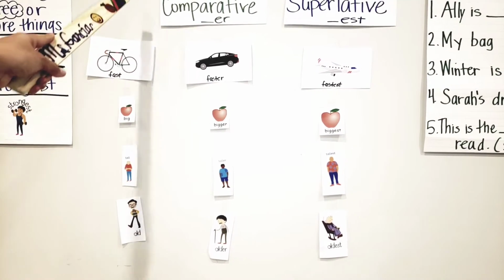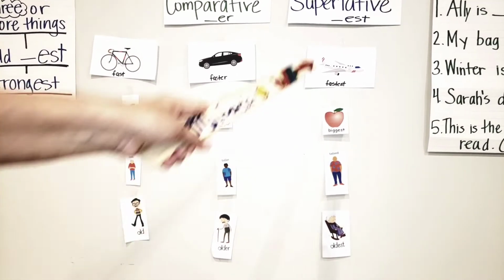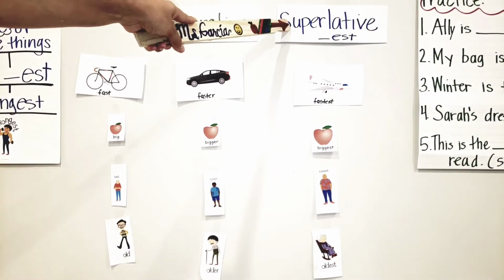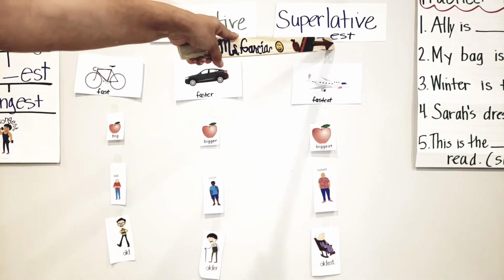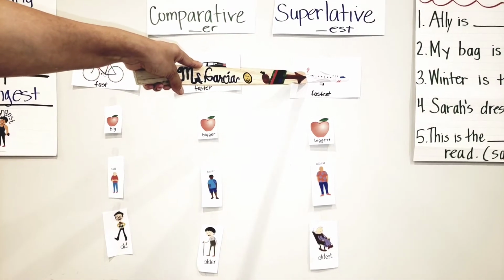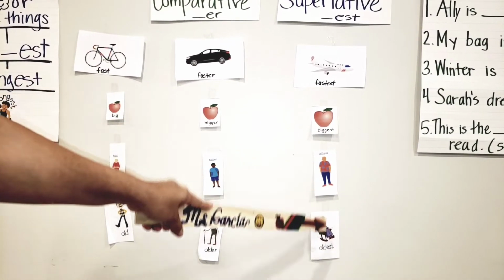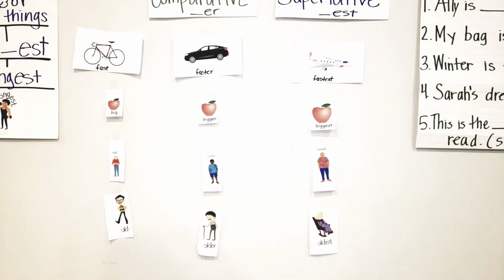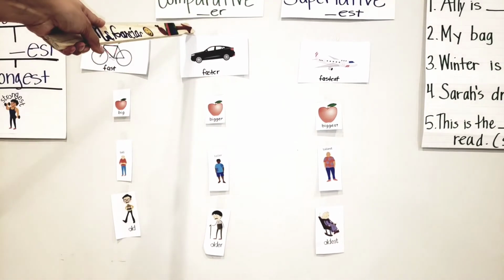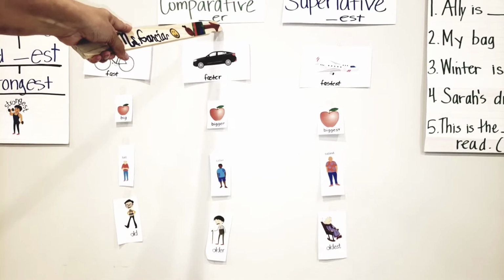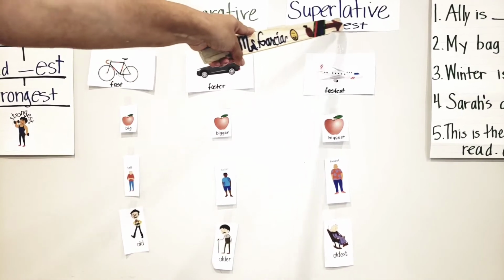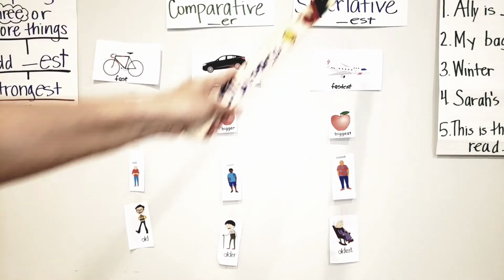Now, when I compare 1, 2, 3 things or more, it's a superlative, and that ends in EST. Fastest, biggest, tallest, oldest. Okay? When you compare 2, it ends in ER. When you compare 3 or more, it ends in EST.